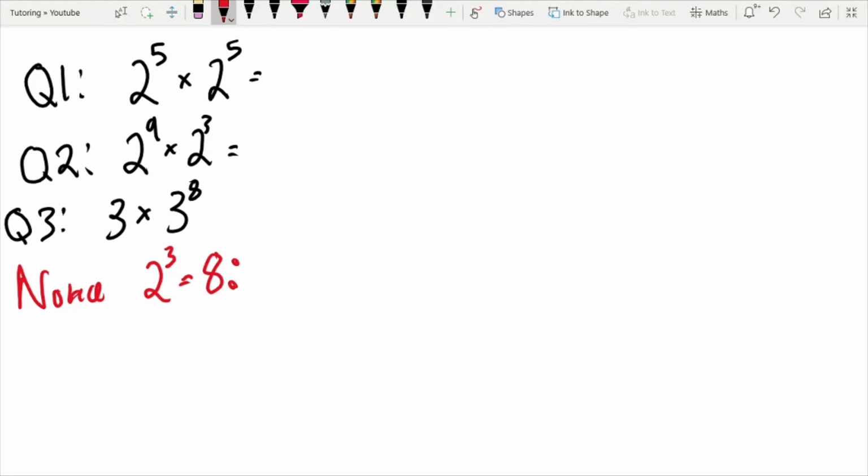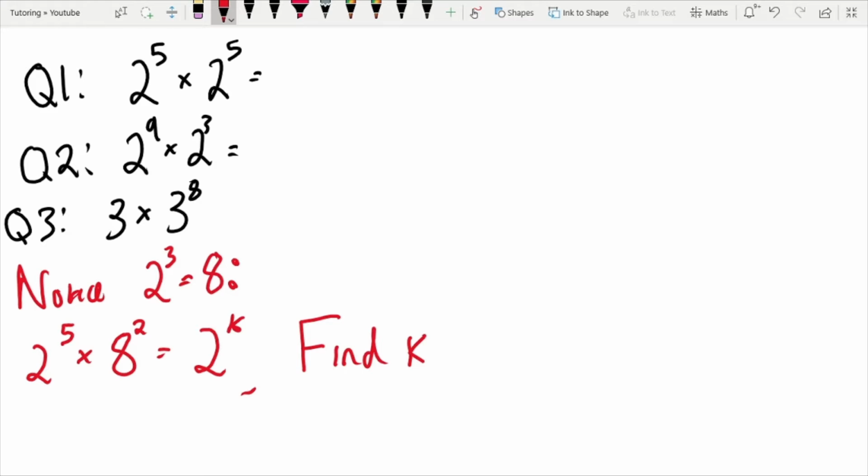This is the problem. Find 2 to the 5th times 8 squared, and I would like it in the form of 2 to the k. And so basically we're asking to find k.